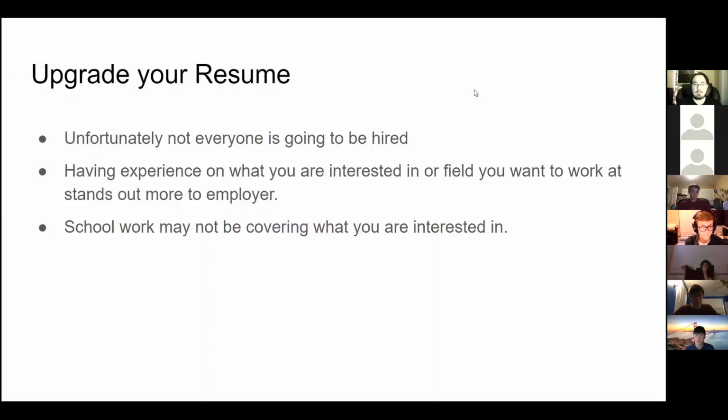And in the articles, not everyone is actually getting a job, even when it's not a coronavirus thing. So you have to build something that you can write on the resume, and have experience in what you are interested in and what you want to work at when you graduate from university. And this is a crucial thing to write on the resume. Next, please.